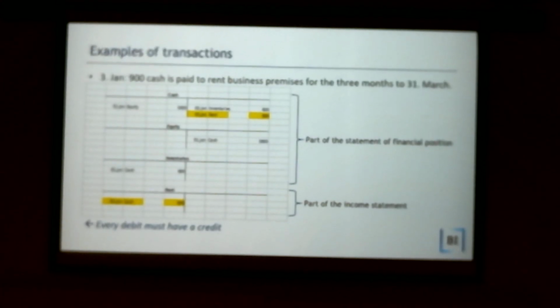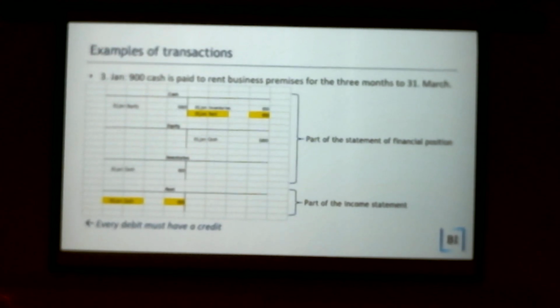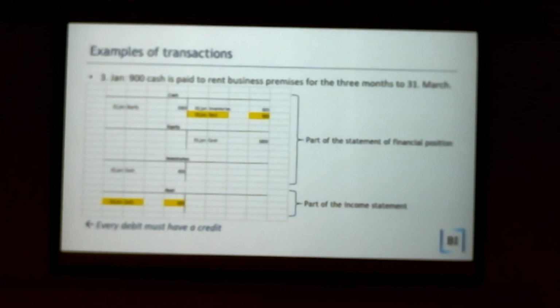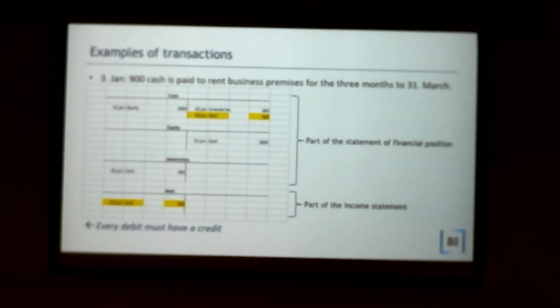Yeah? Okay, so you see, these accounts do not necessarily only need to be related to the statement of financial position, but there can also be accounts related to the income statement. Yeah? And I mean, it's kind of obvious, as before we had transactions that only affected the balance sheet, but also transactions that affected both the balance sheet and income statement, right?